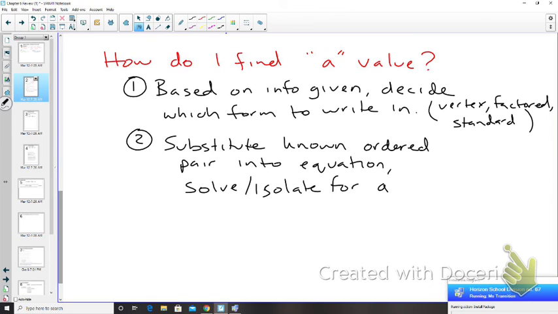That is very important. So we've gone through factored form, vertex form, and standard form.